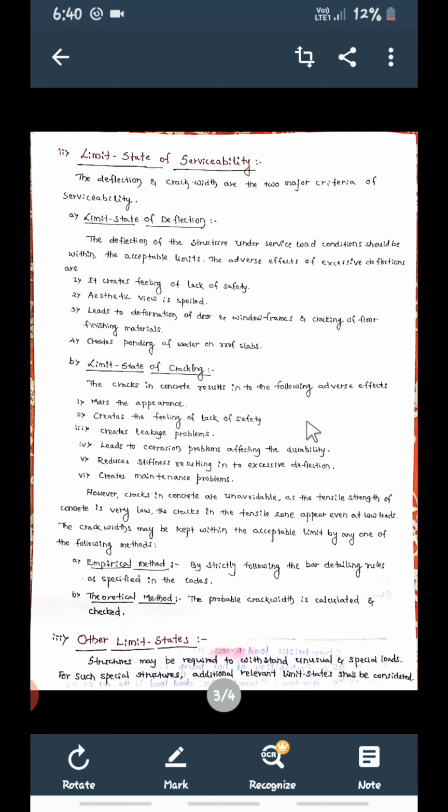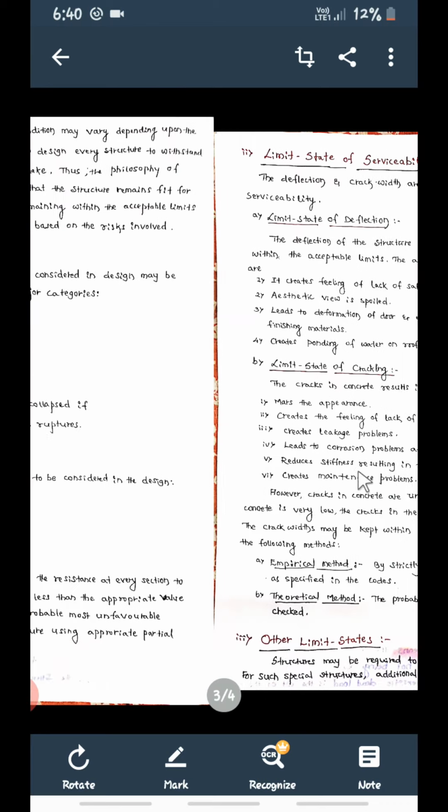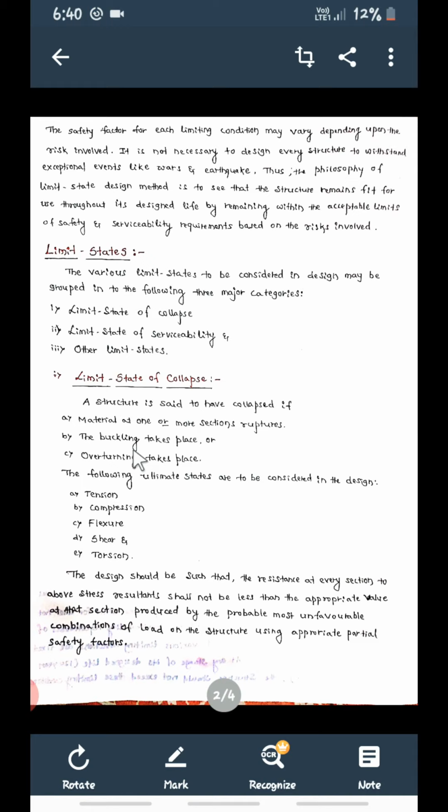So when you are using the limit state method, we consider three different limit states: one is the limit state of collapse, second is the limit state of serviceability, and third is other limit states. Considering all the limit states, your structure should be designed.